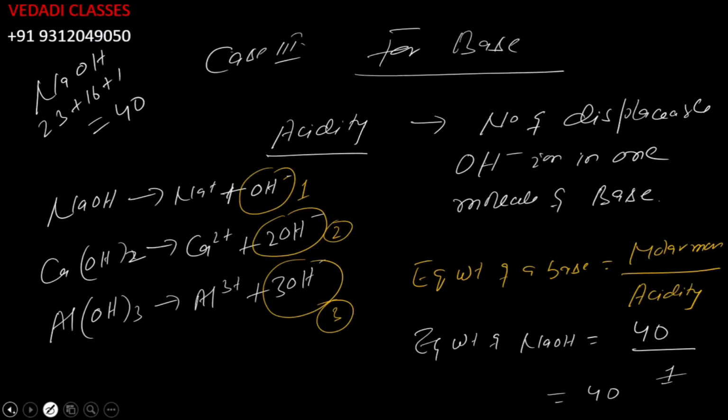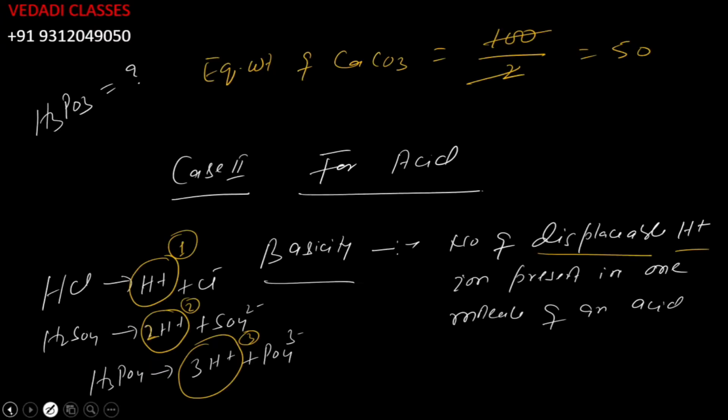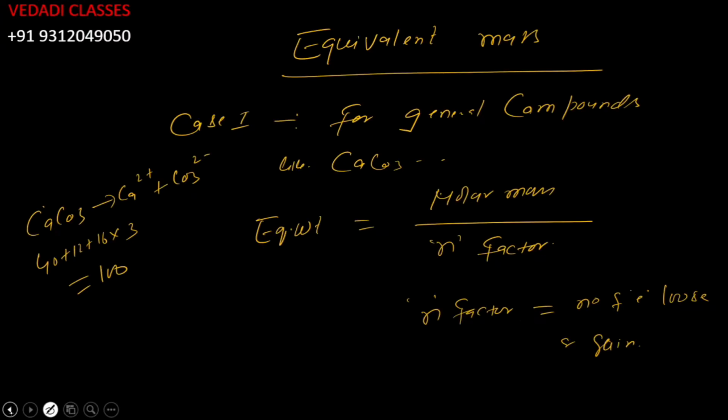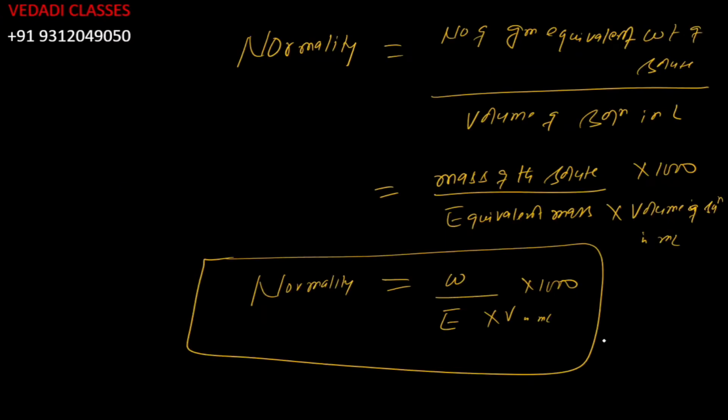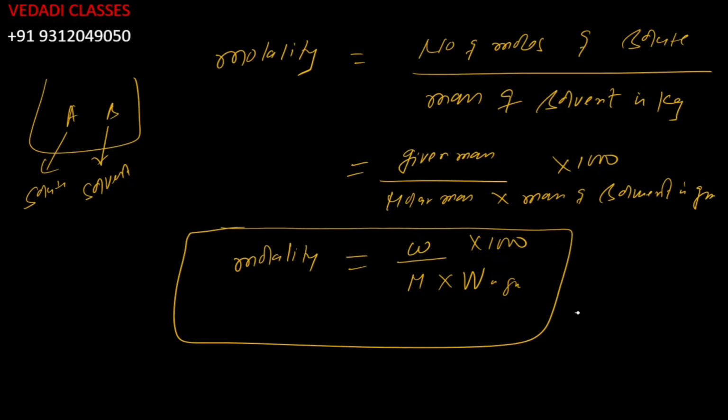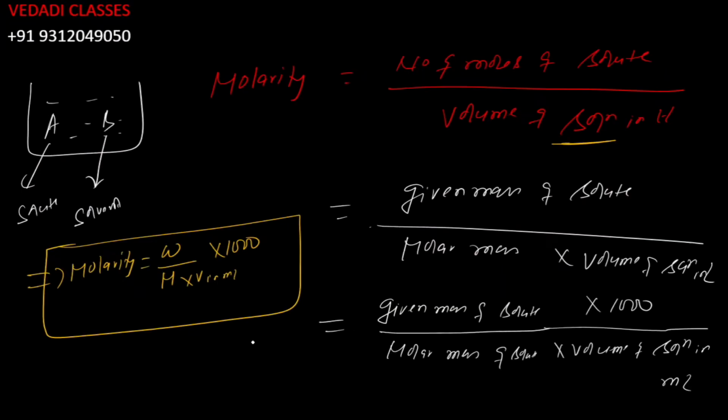I forgot to tell you about the unit, how to represent things. Normality is represented in terms of N, whereas molarity we simply write M, then molality is small m, and when you write capital M, it is molarity.